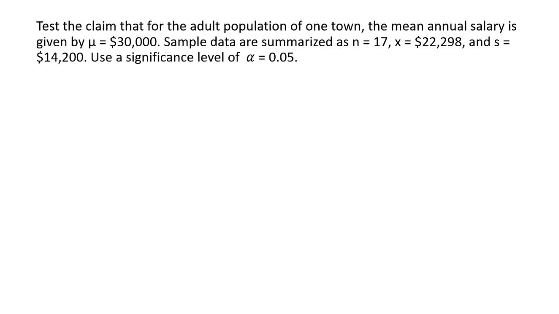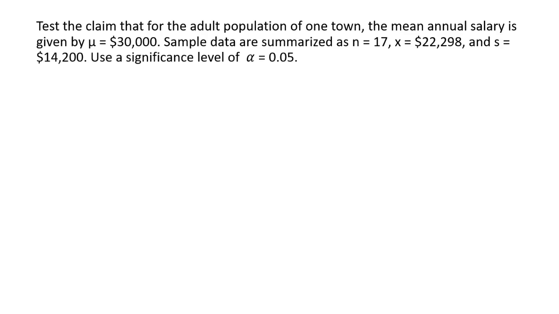Test the claim that for the adult population of one town, the mean annual salary is given by mu equals 30,000. In other words, the claim is that the average salary of one town is $30,000 per year.